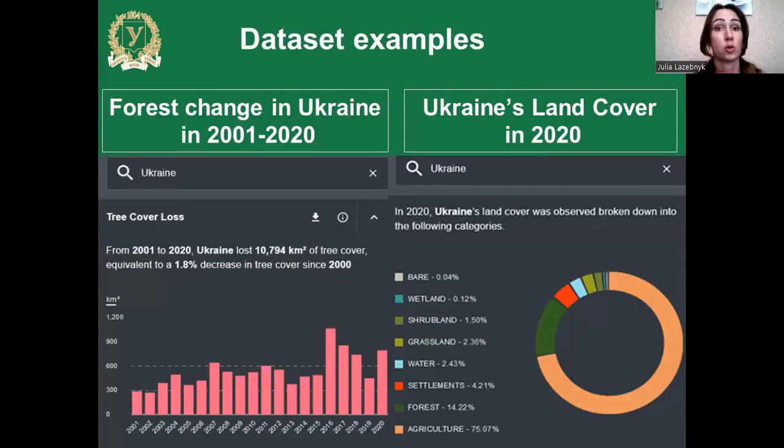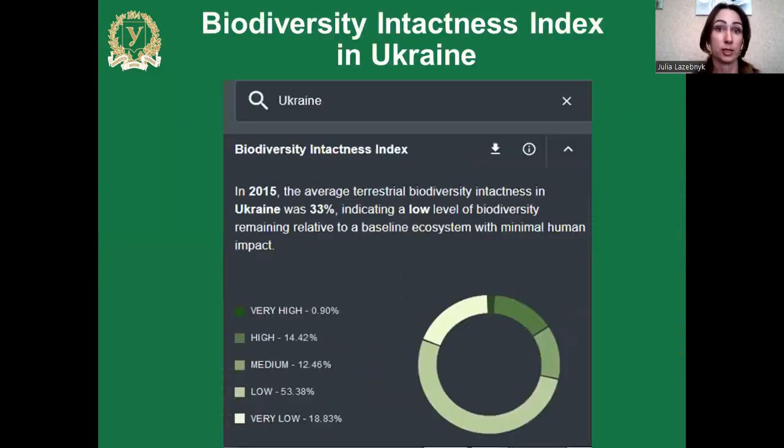Slide 10 shows changes in the forest cover in Ukraine for 2001 to 2020. Many organizations deal with forest change issues, so the definitions related to this concept are important and should be unified during the information provision of the study. Also, slide 10 shows Ukraine's land cover in 2020.